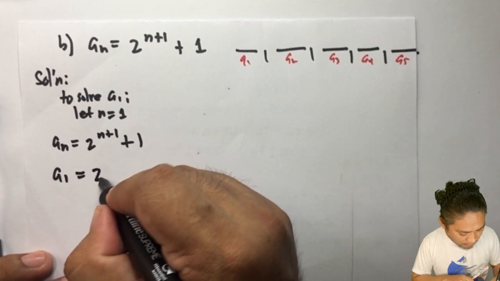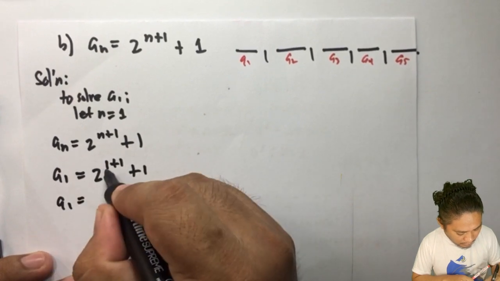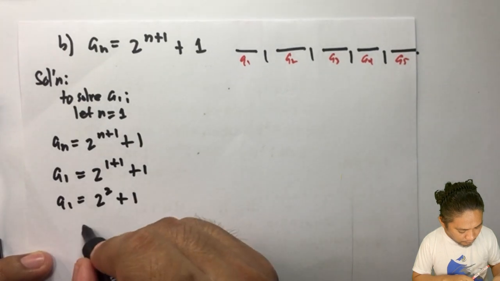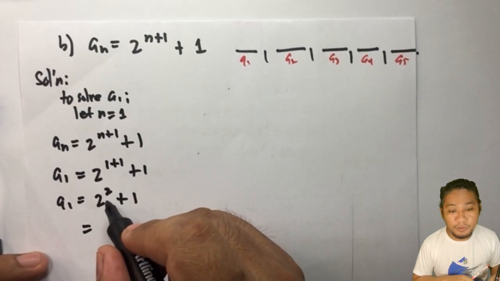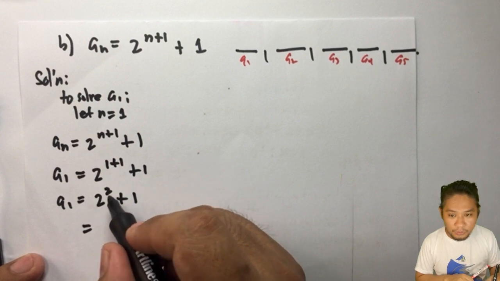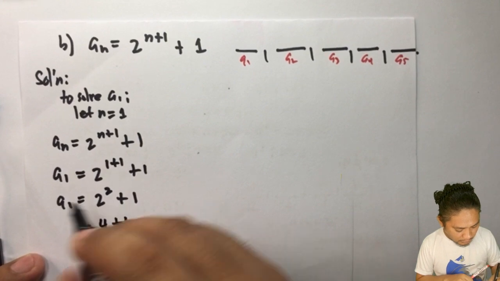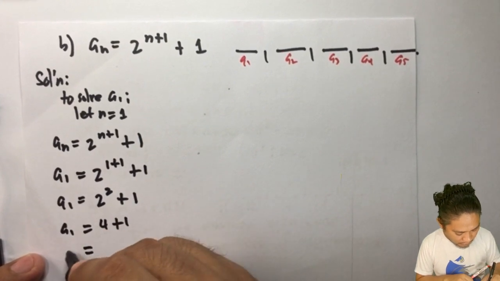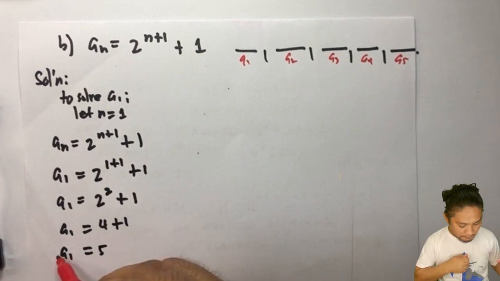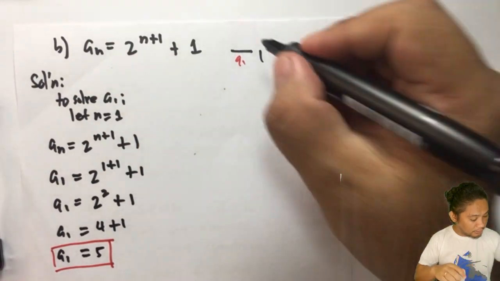Then replace n with 1 now. And 1 plus 1 is 2. And of course 2 squared equals 2 times 2, multiplying the 2 by itself. That is equal to 4, and plus 1, our first term is equal to 5.